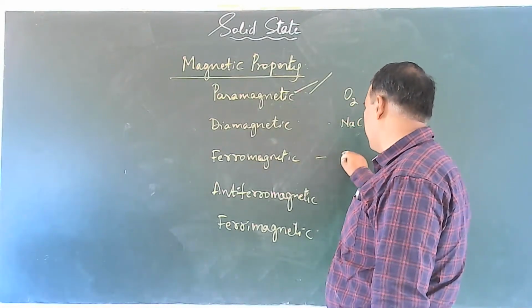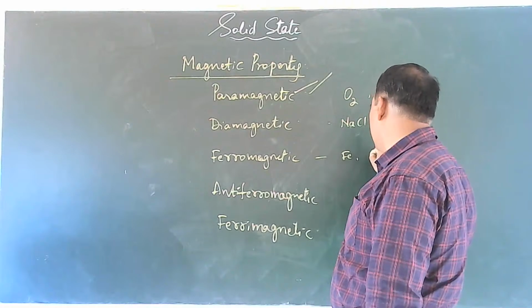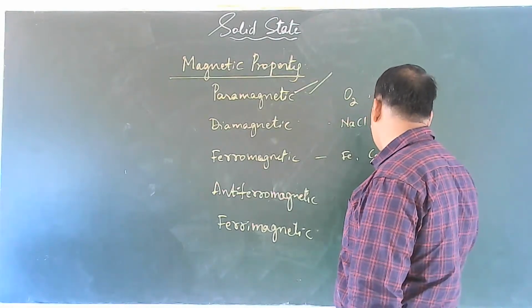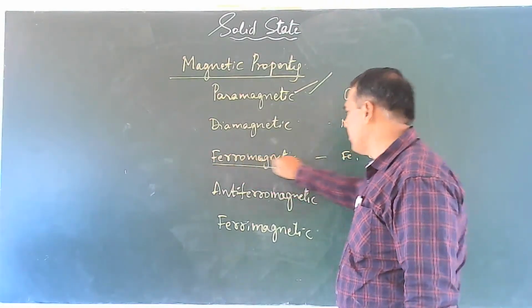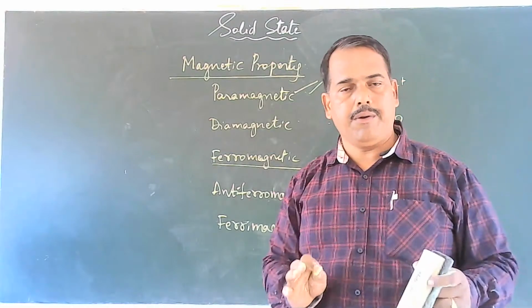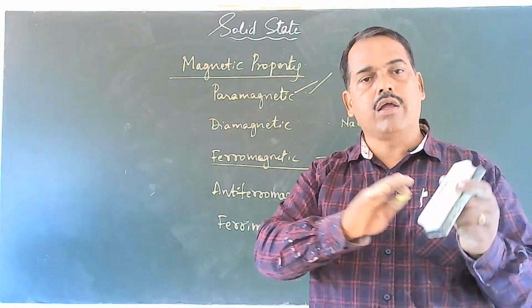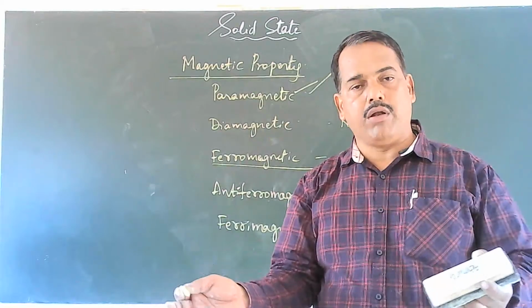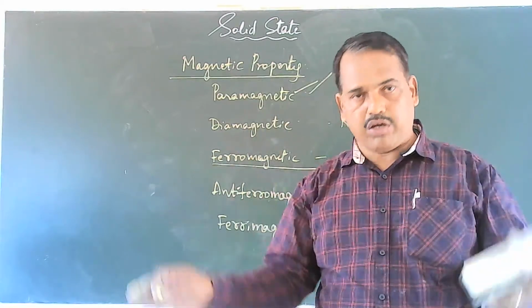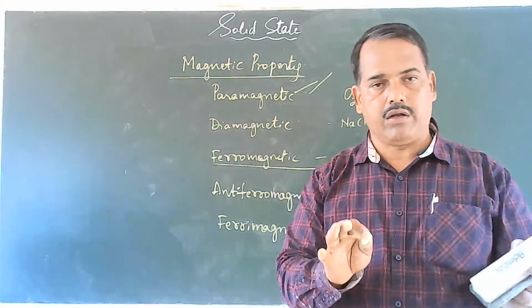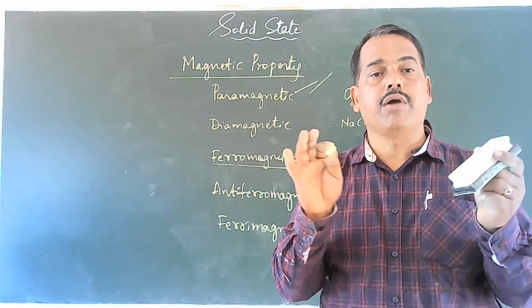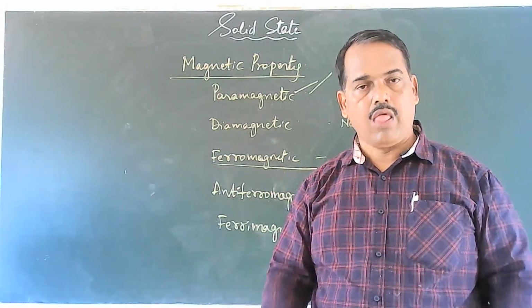The metals like iron, cobalt, nickel: if you apply a magnetic field to those substances, it acts as a magnet. Again, if you remove the magnetic field, even after removing, they act as a magnet. Therefore, they are called ferromagnetic substances.